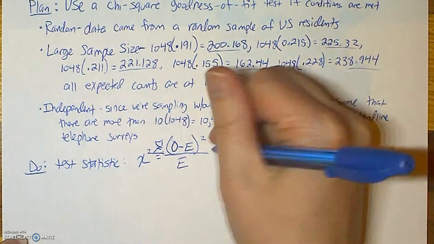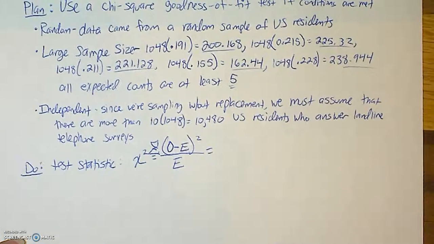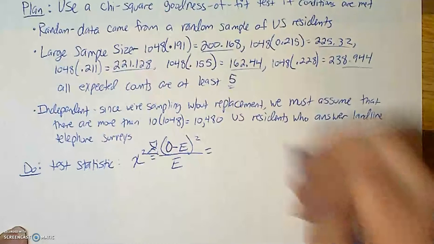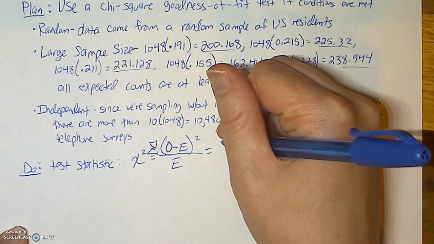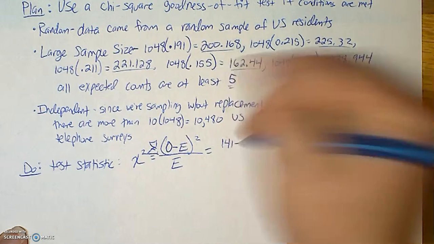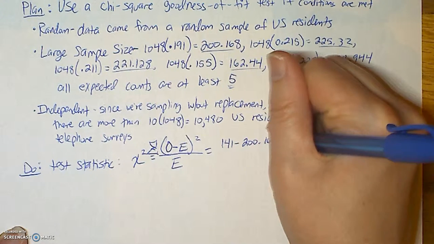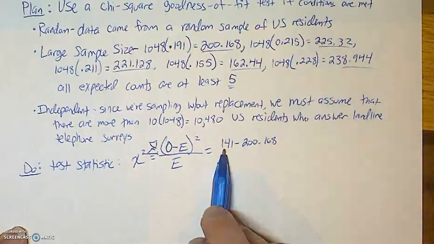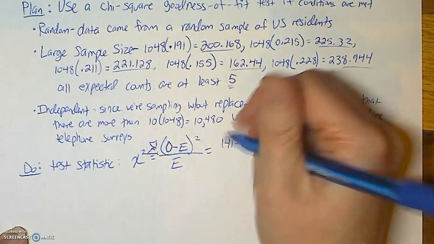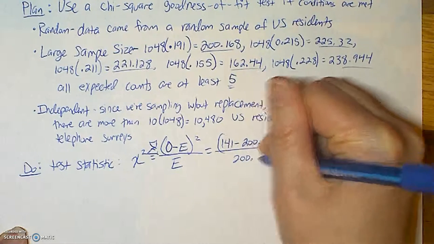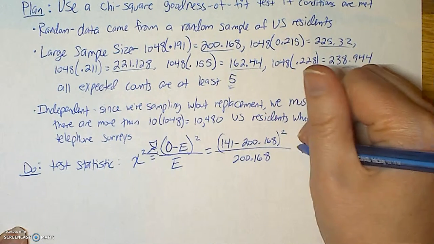Okay? So, looking at your data from above, we go through and we write at least 2 of them to start with, just so whoever's grading it has an idea of what it is that you're doing. You're going to let your calculator do most of the work, though. So, observed for the 20s, expected for the 20s, square it, divided by 200.168.